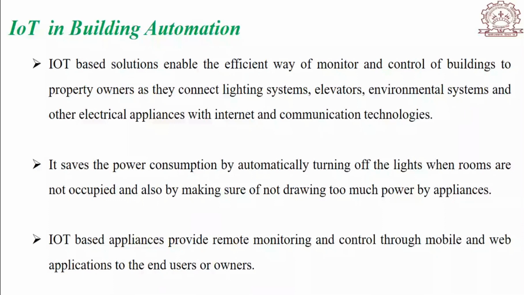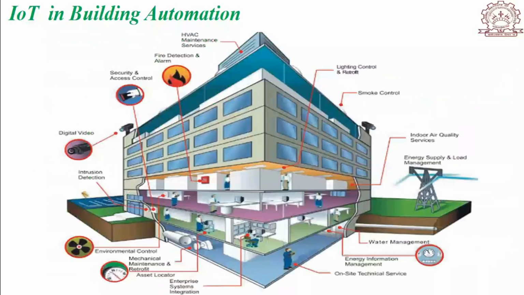So once it is implemented, the cost of electricity, the tariff, and the payment of the electricity bill can be reduced with the help of IoT enabled monitoring. Accordingly, there can be monitoring of fire detection systems, security systems, and other gadgets.